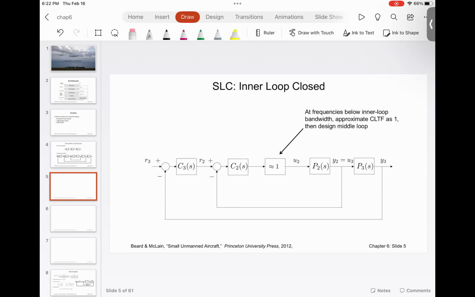The only thing that you have to be careful about is the bandwidth, because the innermost loop must be the fastest loop. Then gradually, as you go outer, your loop will slow down. But you need to make sure that the innermost loop is running at maybe 1000 hertz.